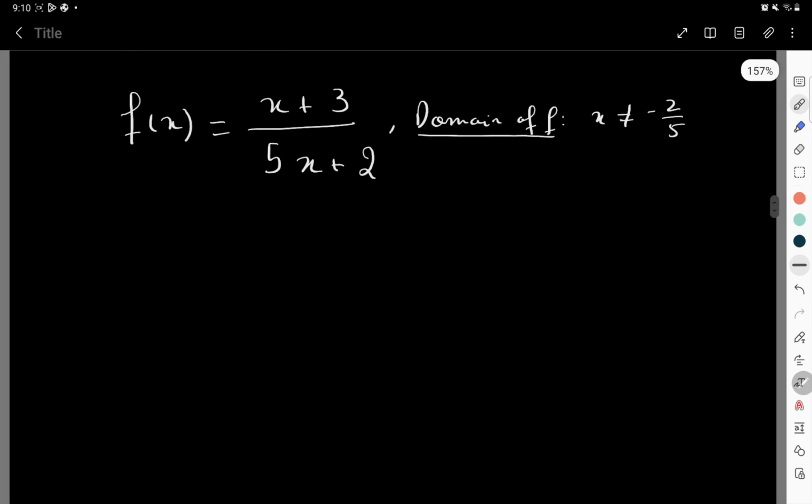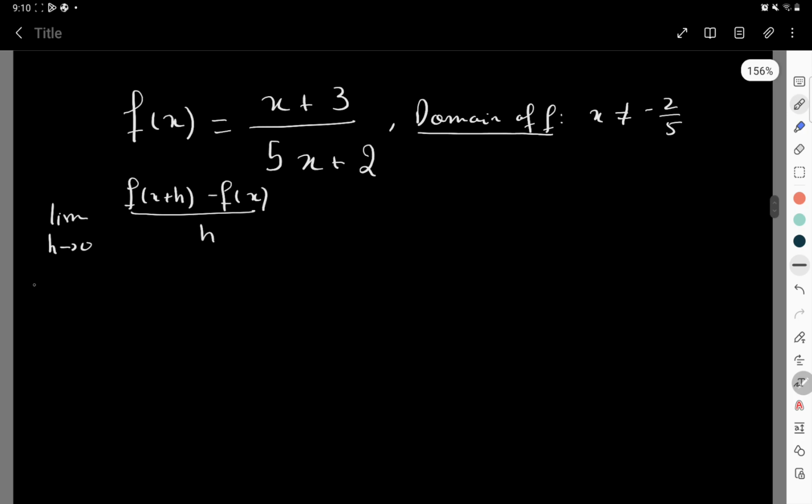So the limit as h goes to 0 of, let's see, f of x plus h minus f of x over h. Of course, x is different than minus 2 over 5, so that f of x exists. Okay, great. Now here the algebra will get a bit complicated.